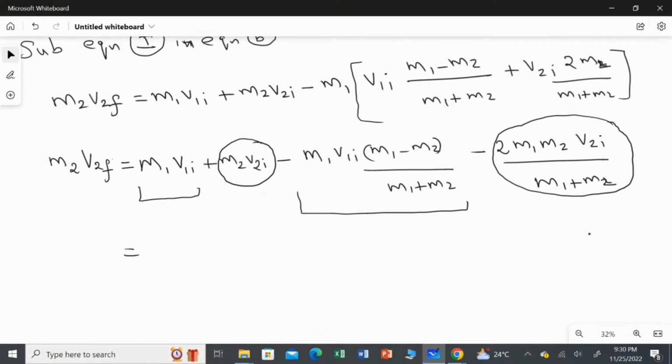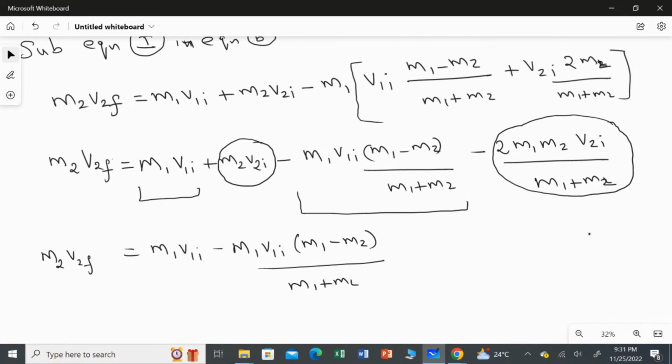So here left hand side M2 V2 final. So let's take V1 initial, M1 V1 initial minus this term M1 V1 initial multiplied by M1 minus M2 over M1 plus M2, and also I'm going to write these two terms separately.